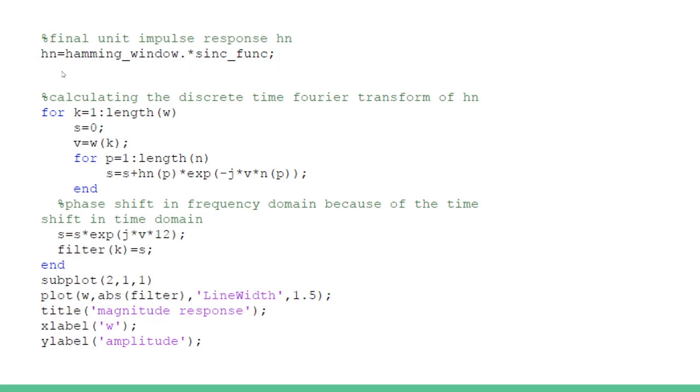Once you obtain the final function, calculate its DTFT. After the calculation of the DTFT, as we have time shifted in the time domain, we need to apply a phase shift in the frequency domain. Once that is done, plot the magnitude and phase spectrum.